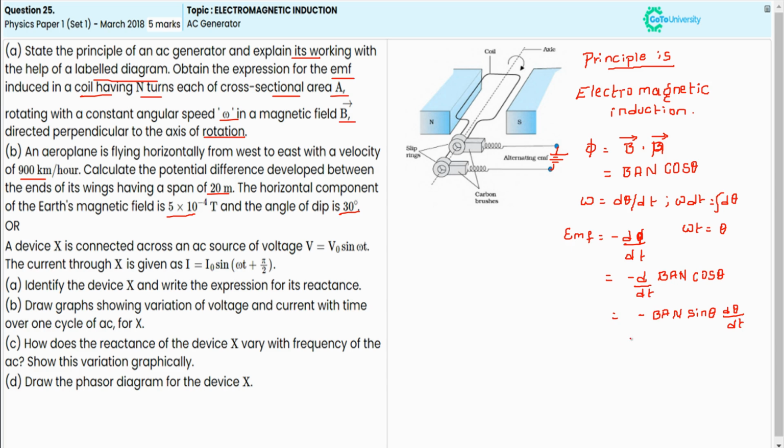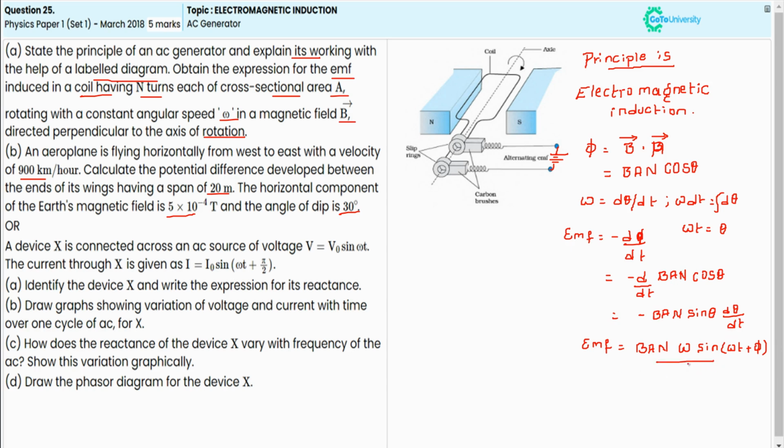The final expression is EMF equals B A N omega sine of omega t plus phi, where phi is the initial phase angle.